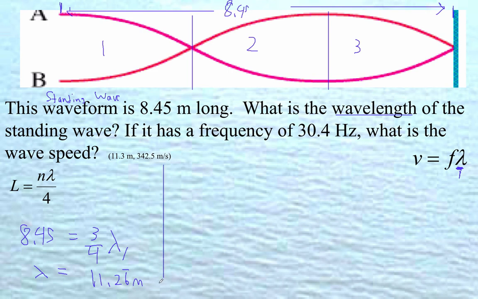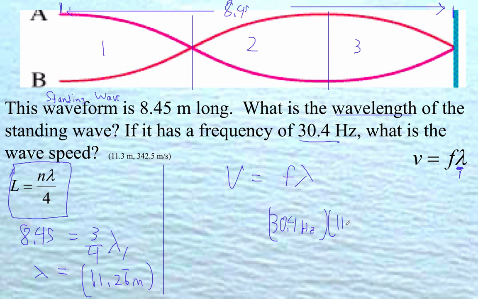So that's the first step: you set up this thing. Then there's going to be some question that requires you to use this. We know the wavelength here, so we're going to go v is f lambda. They're saying that the frequency is 30.4 hertz, so we'll put that in there. Then our wavelength is 11.26 repeating meters.